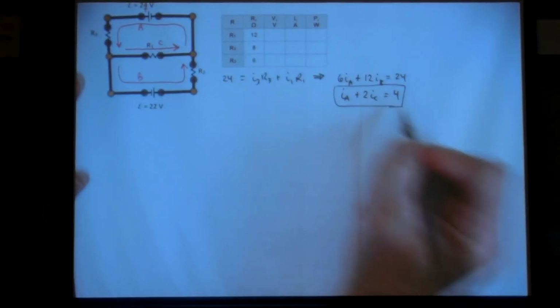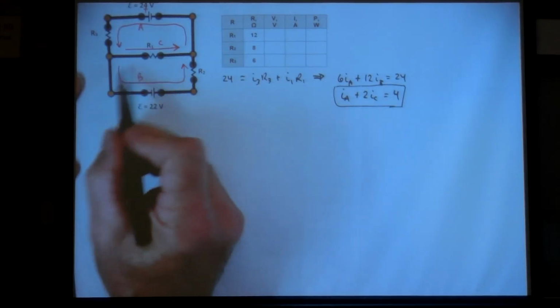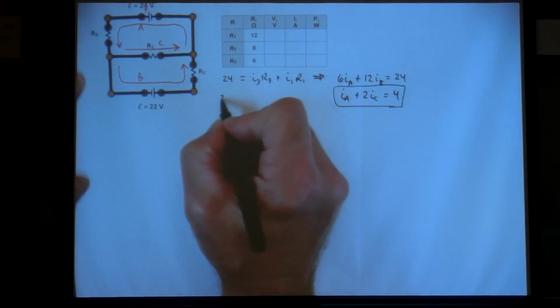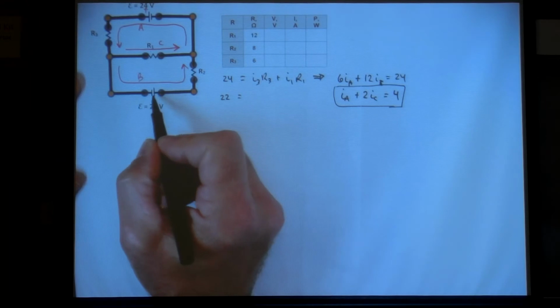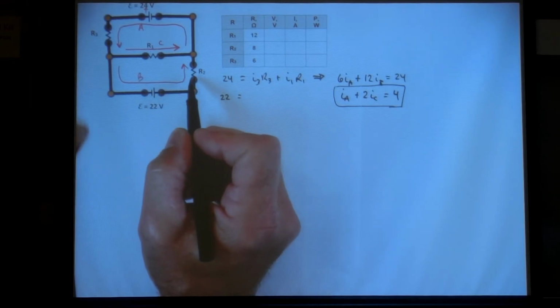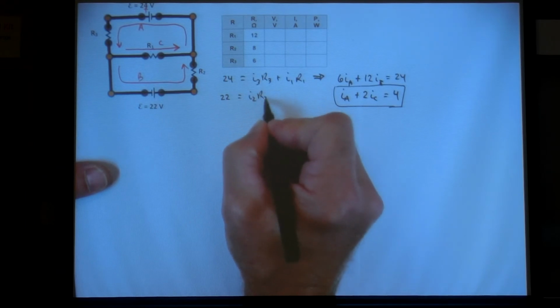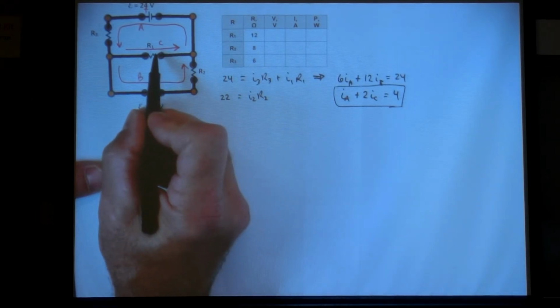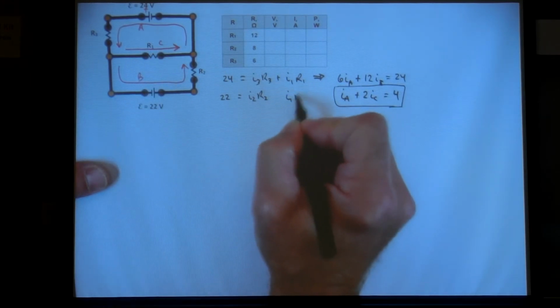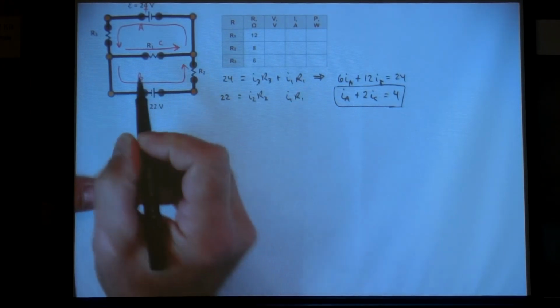So there's one equation. For the next loop, my 22 volts equals, this will be I2R2, and then the next one is I1R1, but here's where it's different.